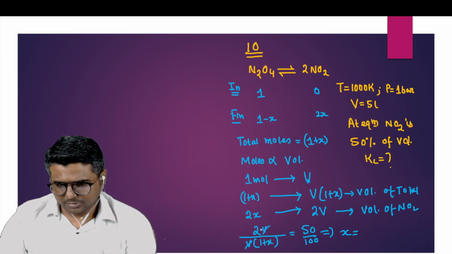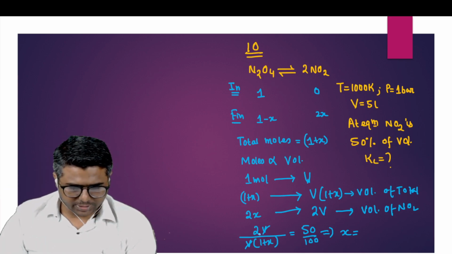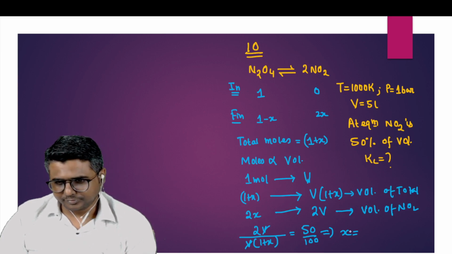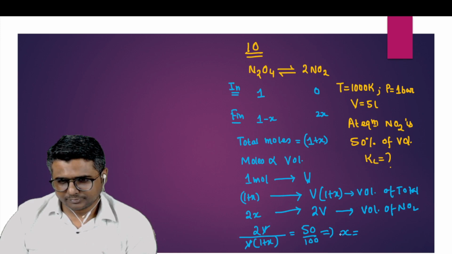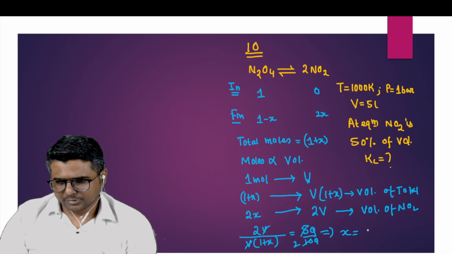So here it is 2, 2, 4, 1 plus x is equal to 4, 1 by 1 plus x. Just calculate and let me know what is x. How much is it coming? 3.